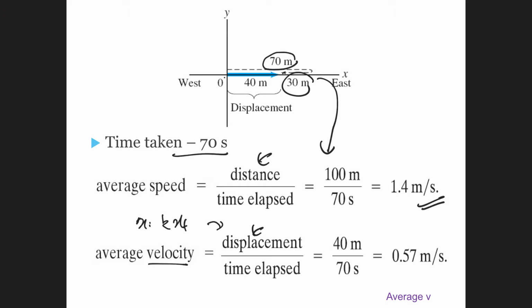It's going to be final minus initial, 40 minus 0. So that's why you're going to get 40 meters over there.